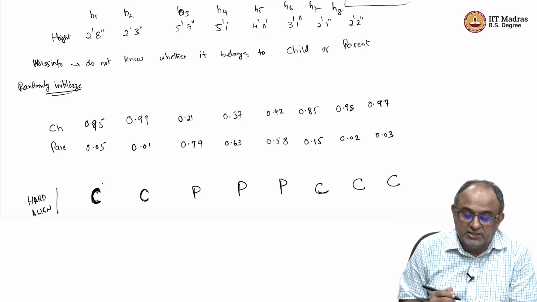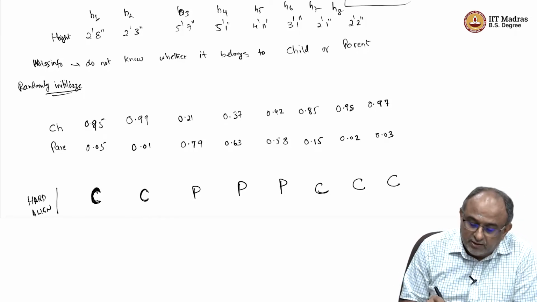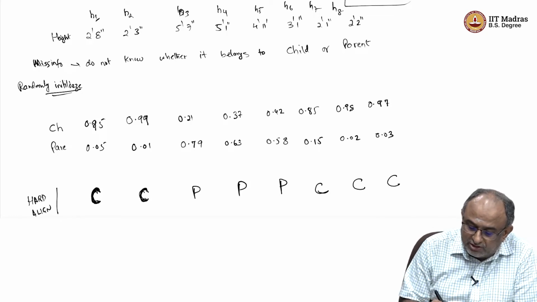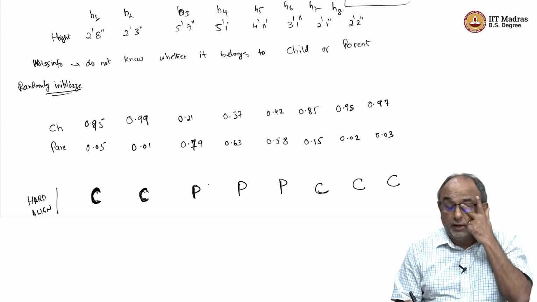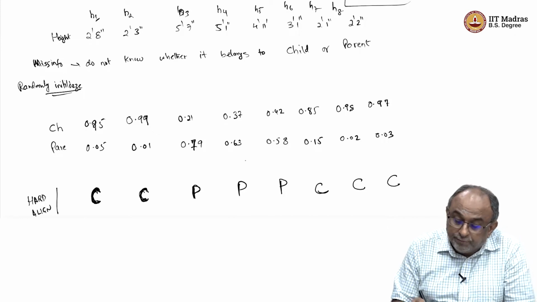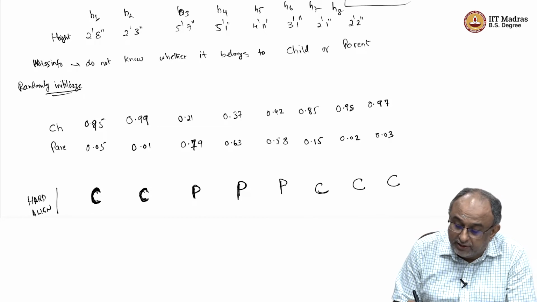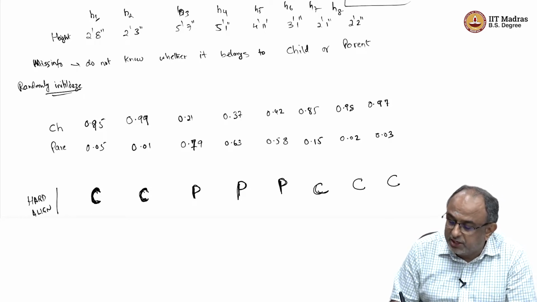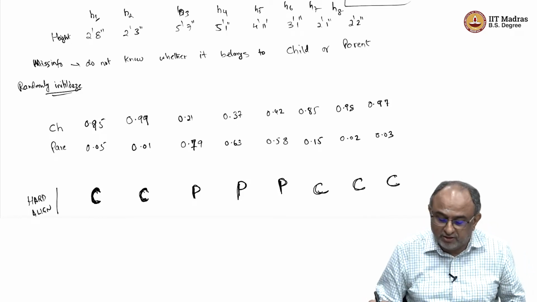That's why I say this measurement is coming from child. So we assign child here. Similarly, 0.99 is higher than 0.01. So I say child. 0.79 is higher than 0.21. Therefore, it becomes parent, right? And similarly, 0.63 is greater than 0.37, so parent. 0.58 is greater than 0.42. Similarly, child, right? So we did beautifully this idea.